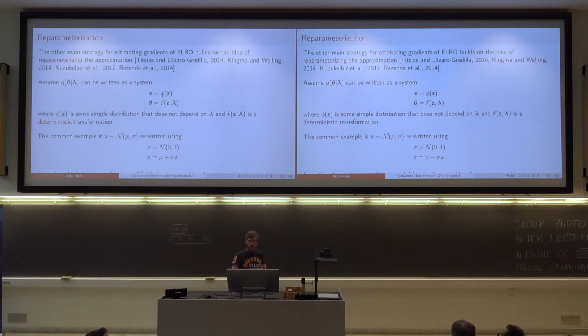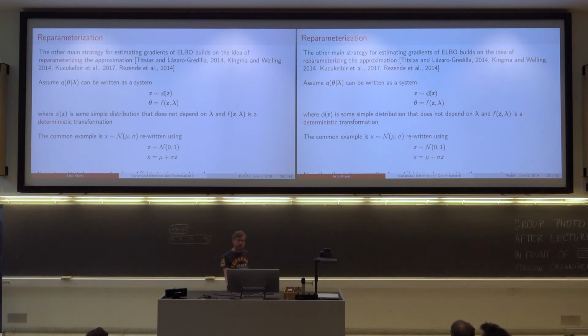But this is a more general procedure. Any probability distribution that can be reparametrized can be written in this kind of format. You first sample from some standard distribution that is not a function of our parameters. It can be the standard normal. It could be, let's say, a uniform distribution between -1 and 1 or something, that simply does not relate to the parameters of this approximation at all.